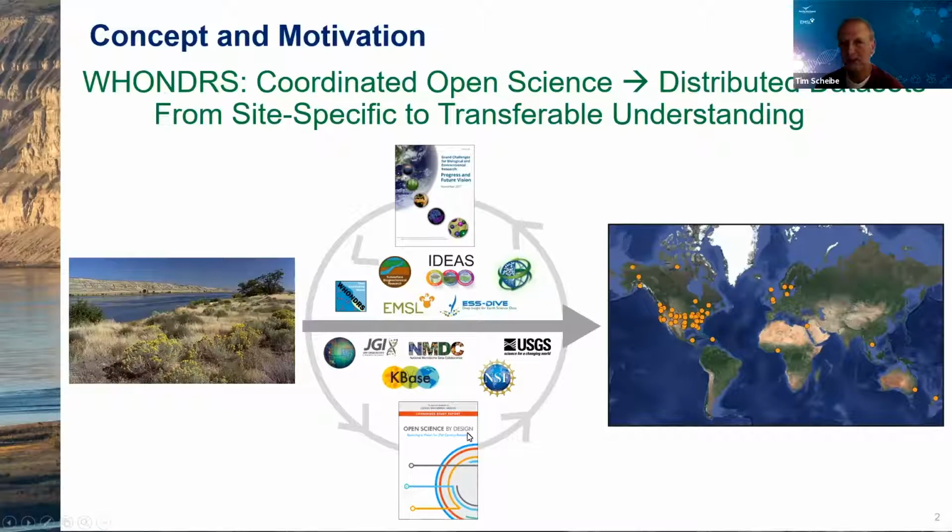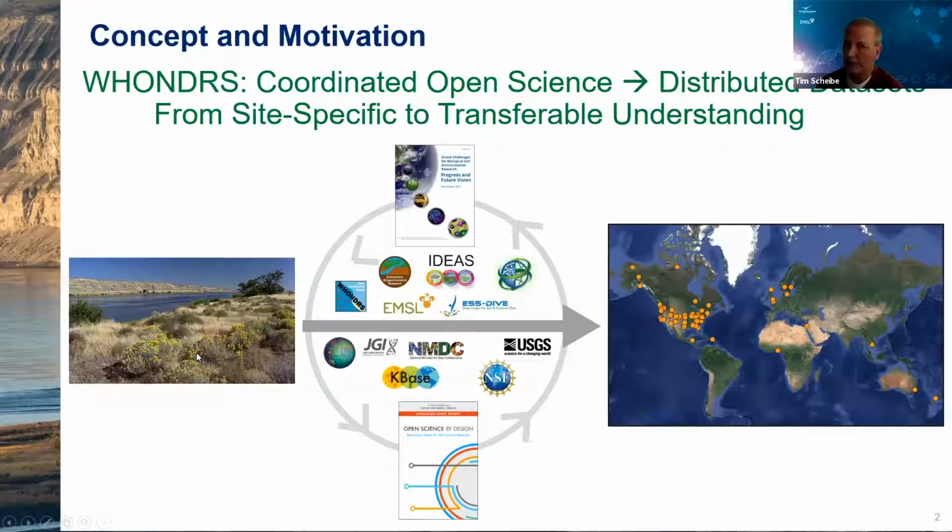You can see there's an Open Science by Design workshop that was done by the National Academy. There's also an Open Watersheds by Design workshop that came out of the Department of Energy that James and others here co-led.